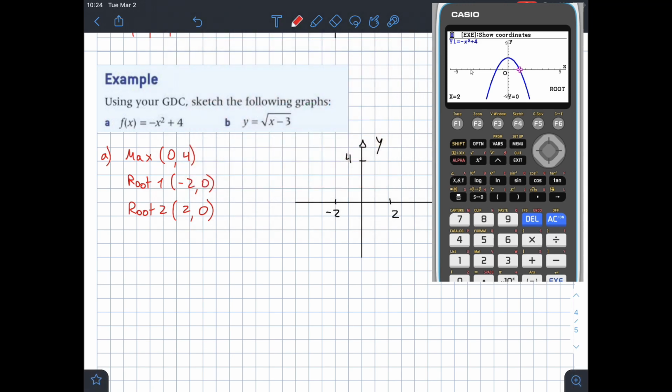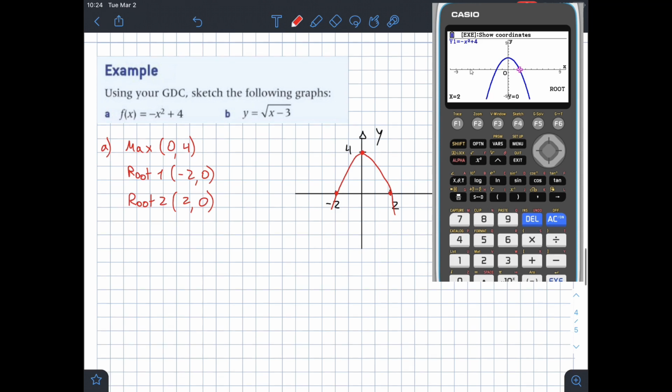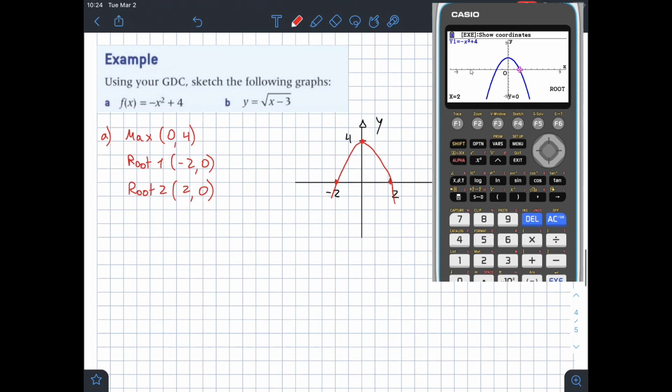So with that information, I can already do my graph, right? We have the vertex right here, one root over here, and the other root over here. So I can join these points, doing a smooth curve like this, and that's fine already for a sketch. Okay, we have identified the relevant features, and that's enough to do our sketch.